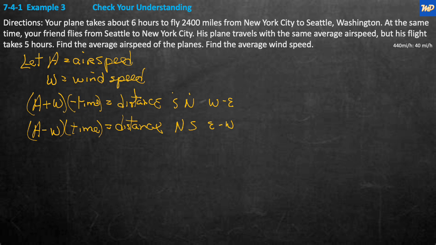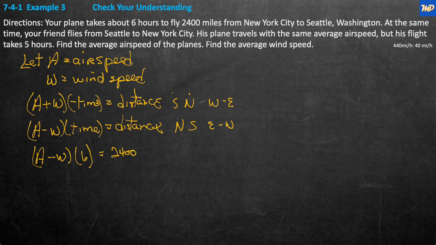Okay, so now that we have those two, let's put the numbers in. So we have A minus W times time, and the time is going to be 6 hours because we're going from New York to Seattle, and that's going to be equal to 2,400 miles.